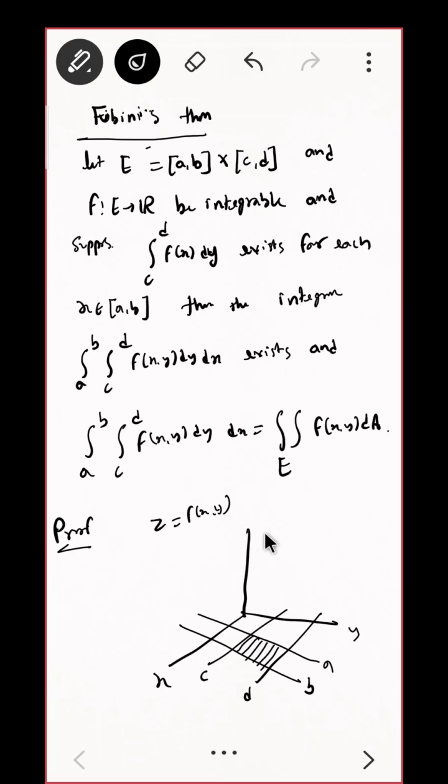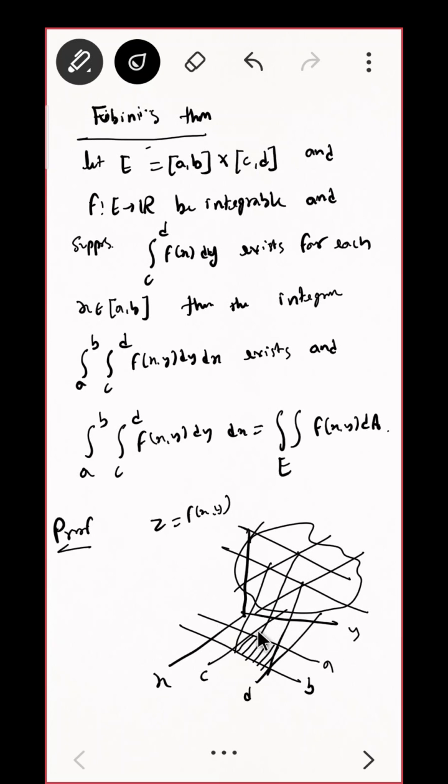Just let me keep it like this, your function will be somewhere here, it can be anything, but what we want to find is just this part. Can you see that this is forming a roof, and we are finding the area under the roof?